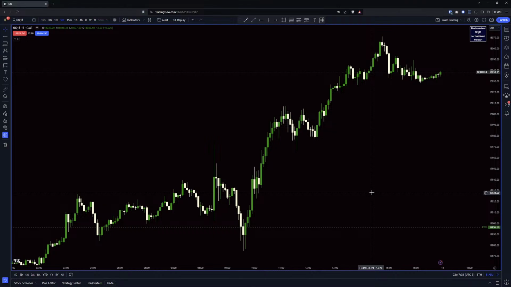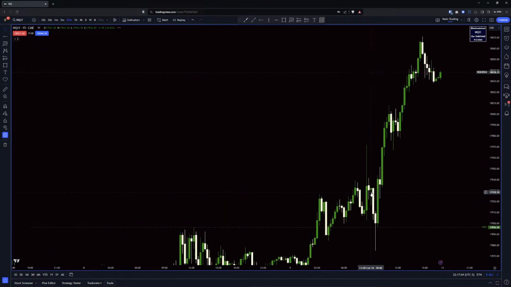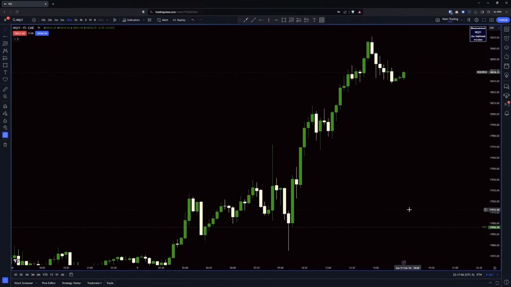But the concept we want to look at is going to be focusing primarily on the 15 minute, as a way to measure how far the stages of the power of three will move.